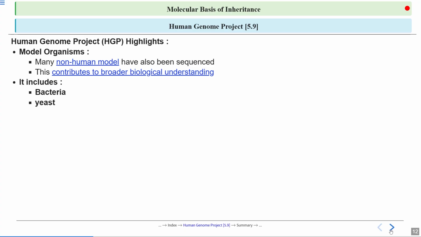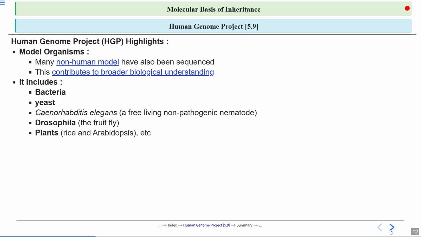It includes bacteria, yeast, C. elegans, a free-living, non-pathogenic nematode, Drosophila, the fruit fly, and plants like rice and Arabidopsis.